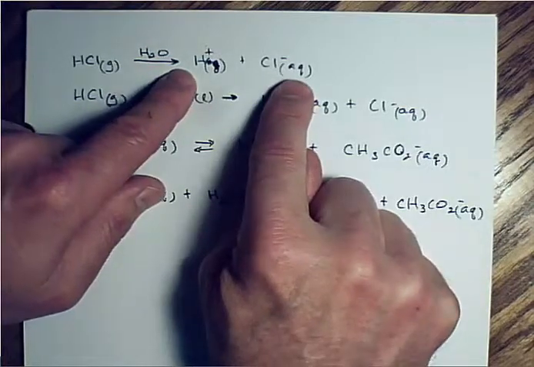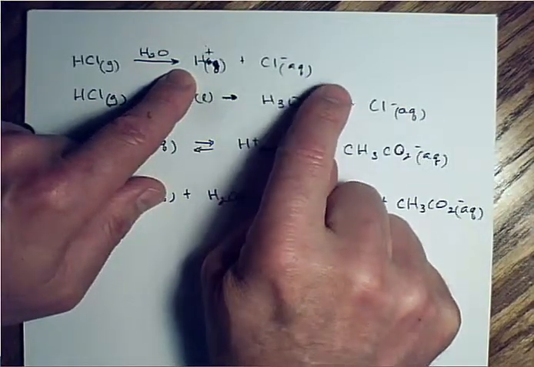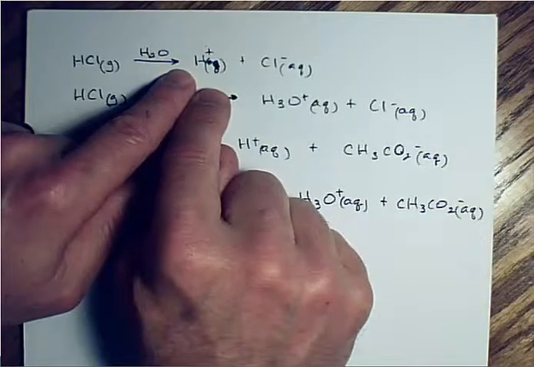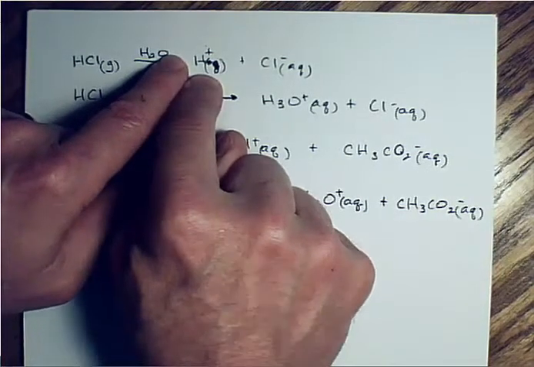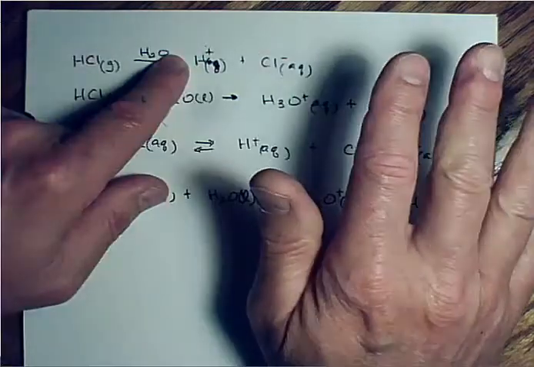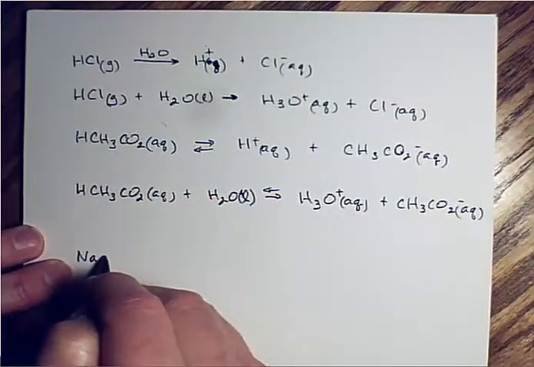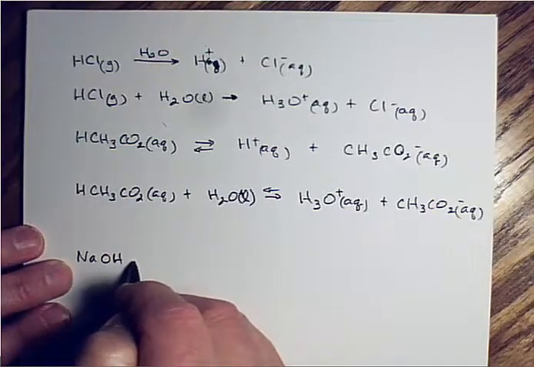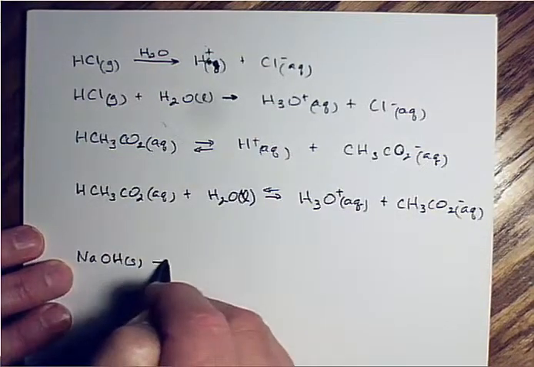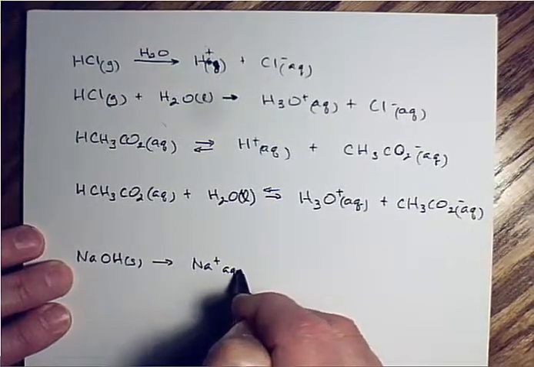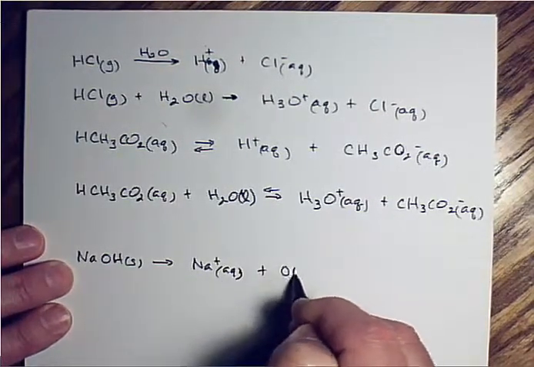Since this dissociates completely, when I put sodium hydroxide in there, it's pretty straightforward. It completely reacts with all the hydrogen ions and neutralizes everything. Okay? So here's sodium hydroxide. And sodium hydroxide, which is a solid, breaks up into sodium ions and hydroxide ions.